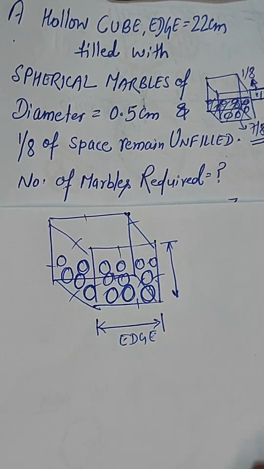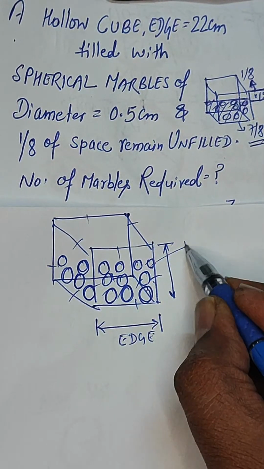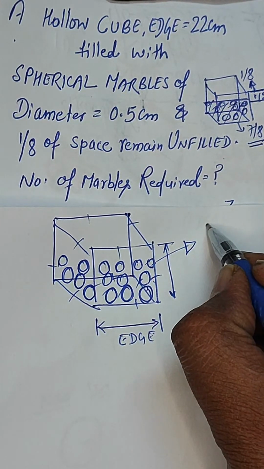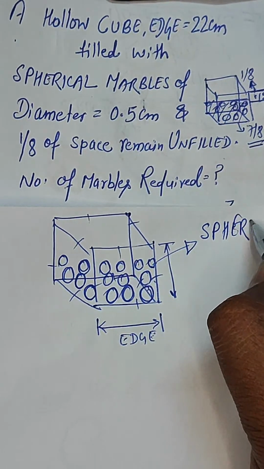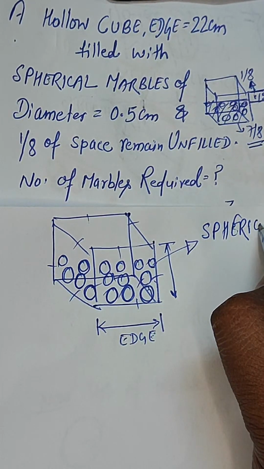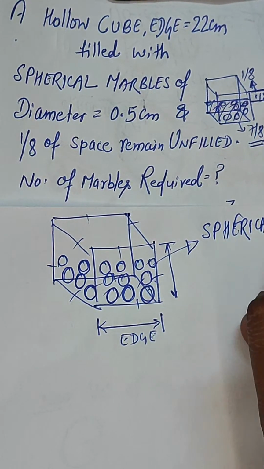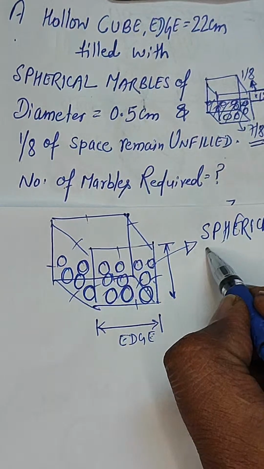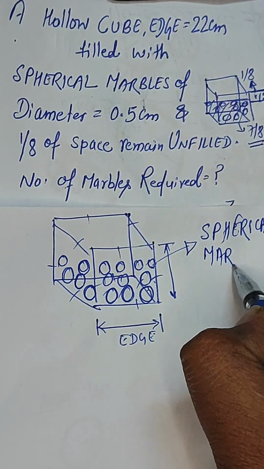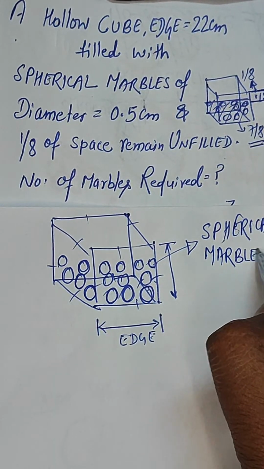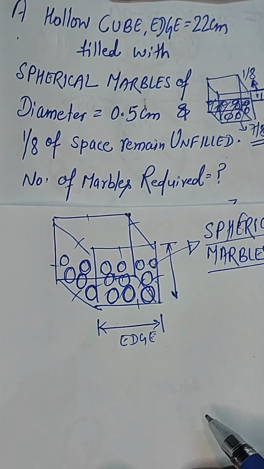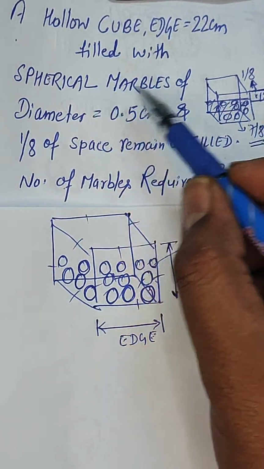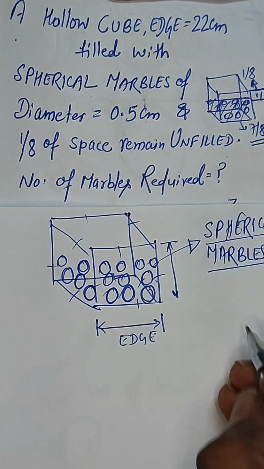My dear friends, if these are the spherical shaped marbles, right, all these, then it's given that the spherical marbles are of diameter 0.5 cm.